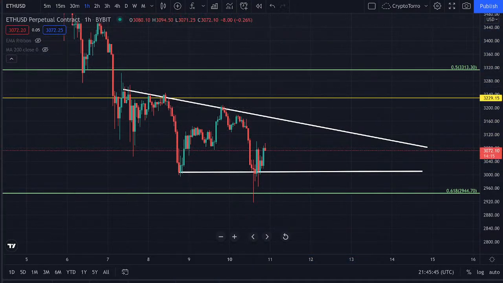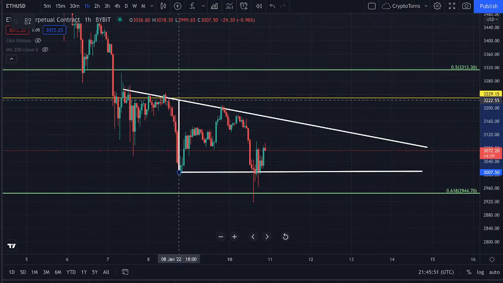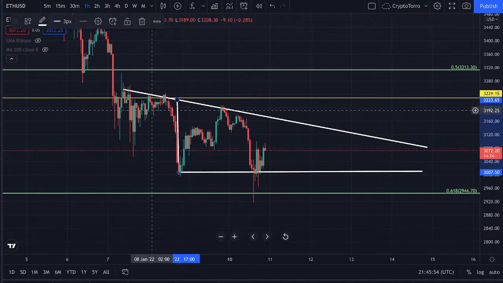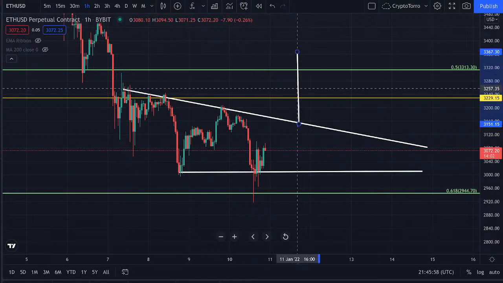And if we take a look at this right here, by selecting from the beginning of the horizontal support all the way towards the first touch point underneath this descending resistance, we will be able to see what the possible breakout or breakdown is going to look like.